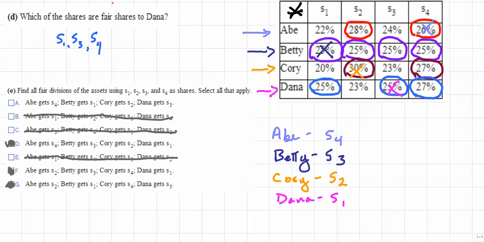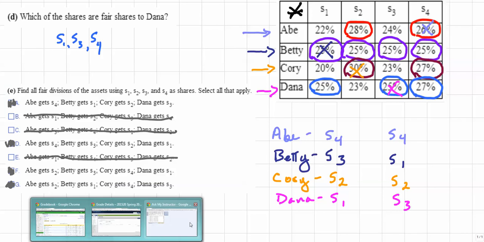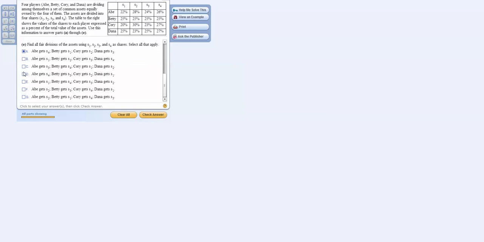So that means that we would write it as S sub 4, S sub 1, S sub 2 again for Corey, and then S sub 3 for Dana. And does that work? Right here. So that means our answer would be A, D, F, and G. And we are finished with the problem.